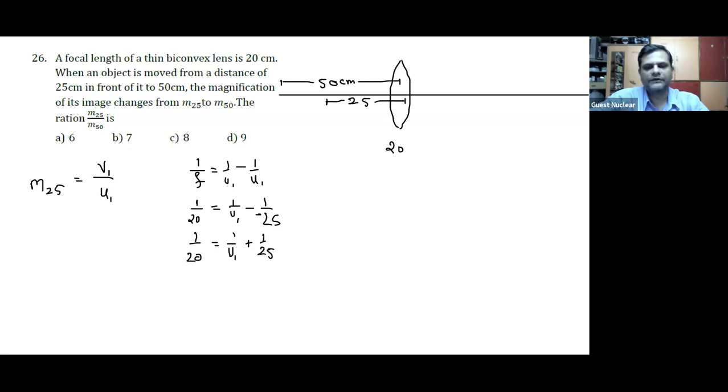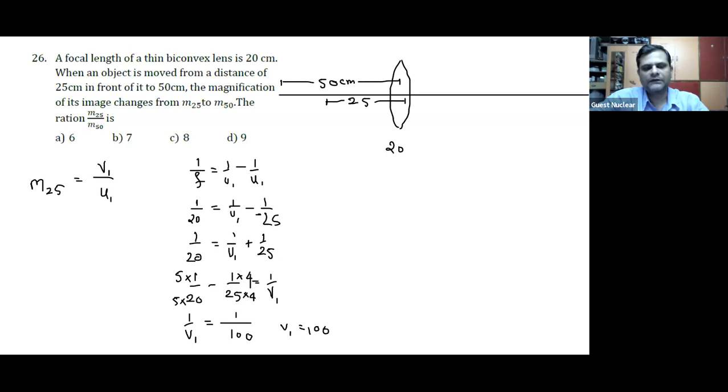So that this 1 upon 25 is transferred that side, so that we get this 1 upon 20 minus 1 upon 25, which is going to be 1 upon V1, and hence we can just get this 1 upon V1 to be simply equal to, अभी इनका LCM क्या बनता है, देखो 100 बनता है. तो यहाँ पे हमको 5 से मल्टीप्लाई डिवाइड करने की जरूरत होगी, और यहाँ पे 4 से मल्टीप्लाई डिवाइड करने की जरूरत होगी, जिससे डिनोमिनेटर में 100 कॉमन आ जाएगा, और न्यूमरेटर में 5 माइनस 4 मतलब 1 बनेगा, जिससे हमको मिल जाएगा V1 is equal to 100.